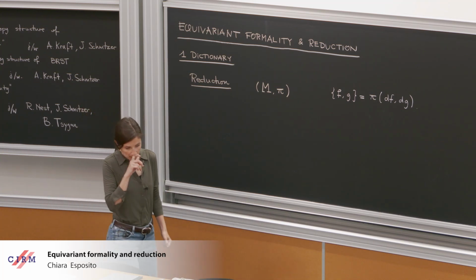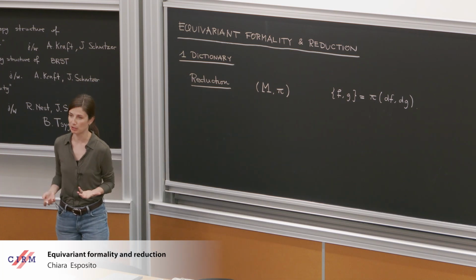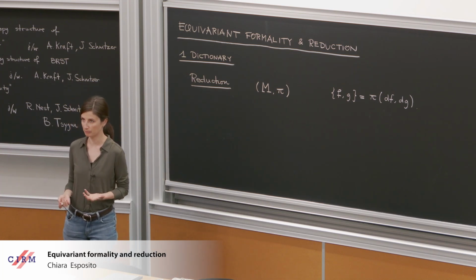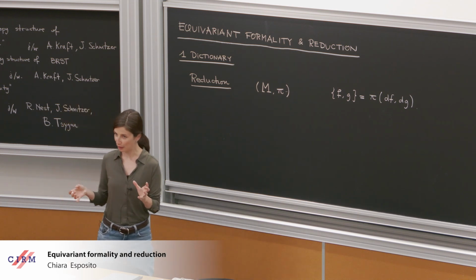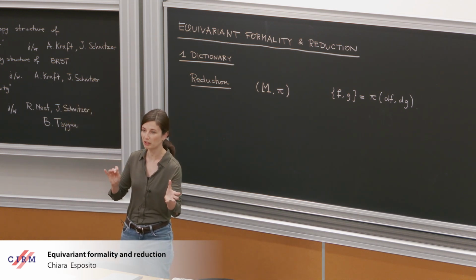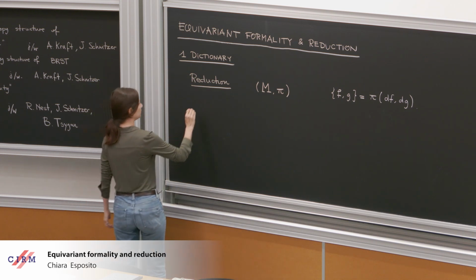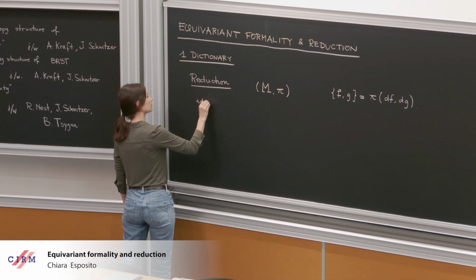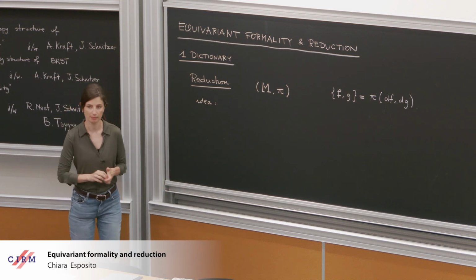Okay, but a dynamical system can have more information, can have symmetries, for example. And we know that from Noether's theorem, there is a very good connection of conserved quantities and symmetries. So what's the idea of reduction? The idea of reduction is, let's cut away the symmetries.